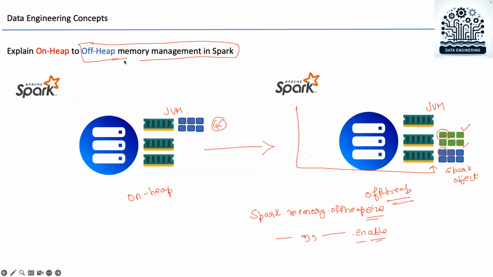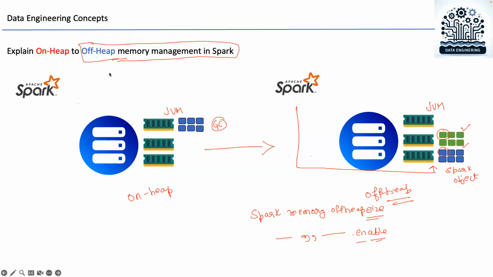So if you enable Tungsten, then it actually utilizes the off heap memory management in Spark. And that is why we recommend using Tungsten for large data processing. So this is the behind the scenes concept of how Spark works, how Tungsten works, and how the JVM and garbage collector play an important role in Apache Spark.